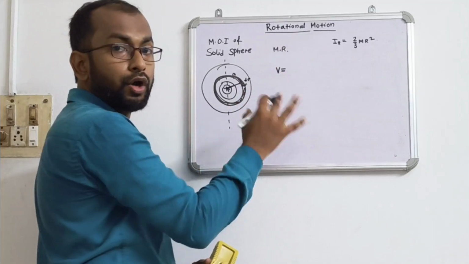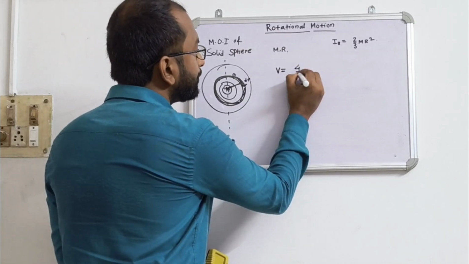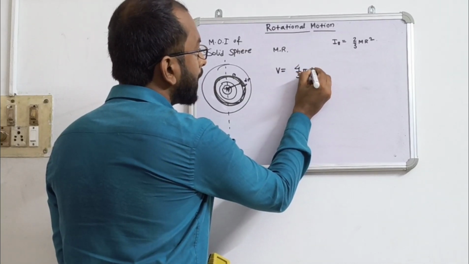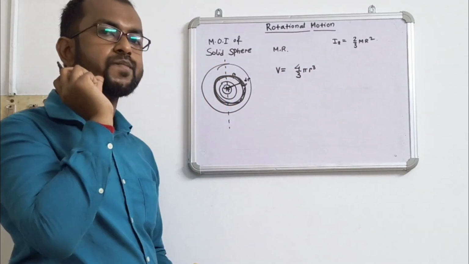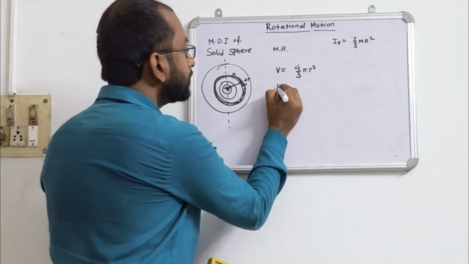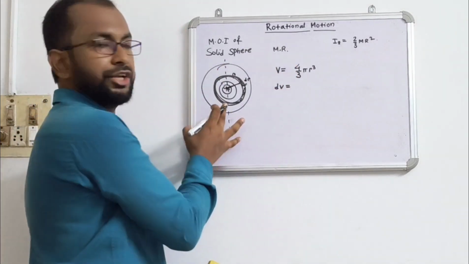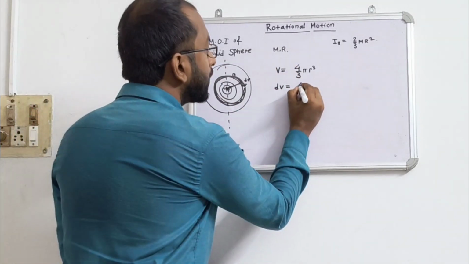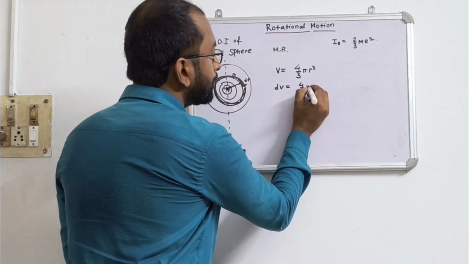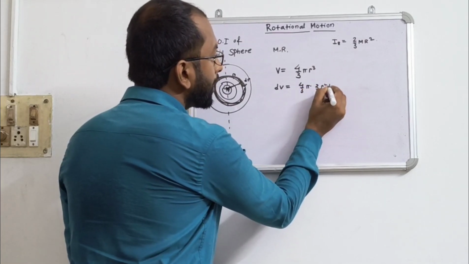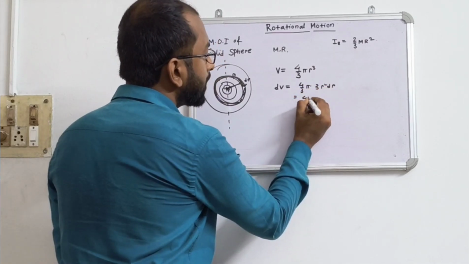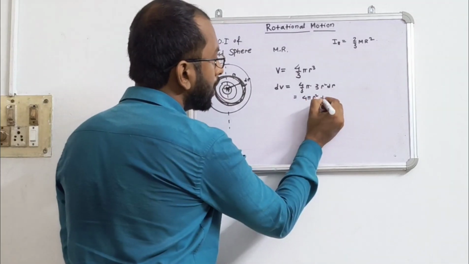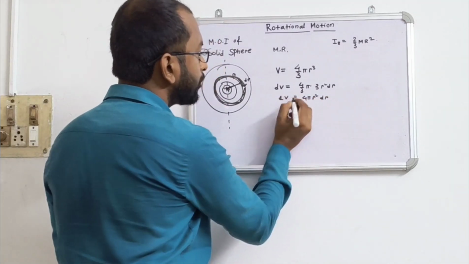As you know, the volume of a sphere is 4/3 of pi into r cube. So small volume, the differential volume, that will be 4/3 pi into 3 r square dr. So that is eventually becoming 4 pi r square into dr. That is a small volume.